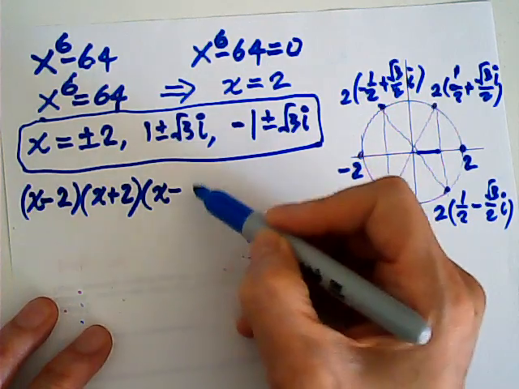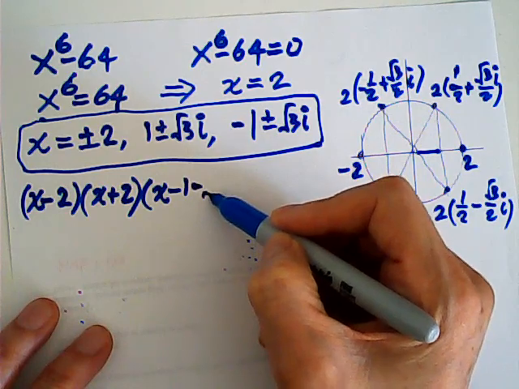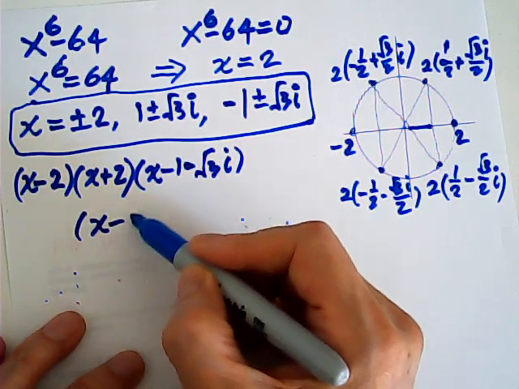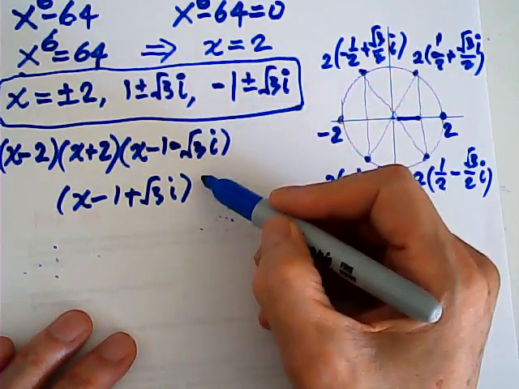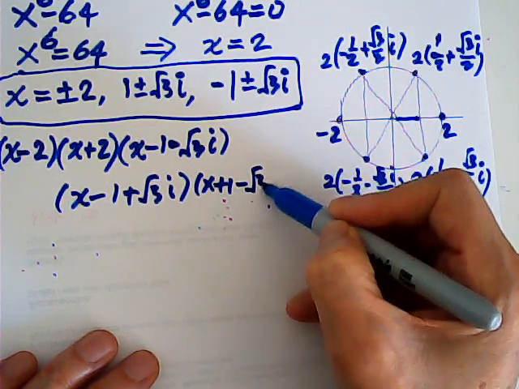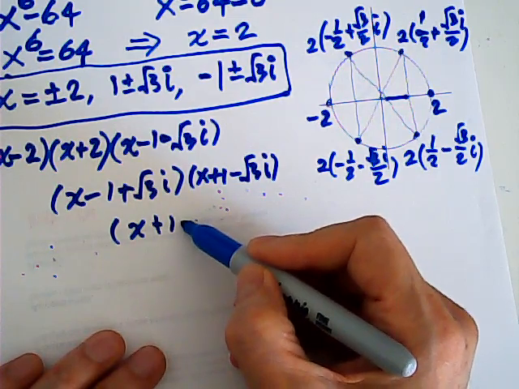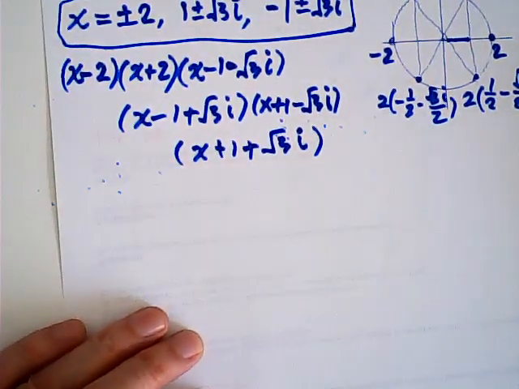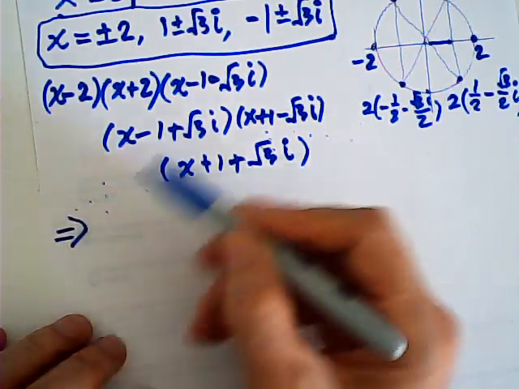And x minus 1 minus root 3 i, and x minus 1 plus root 3 i, and these two roots, x plus 1 minus root 3 i, and x plus 1 plus root 3 i. So these are 6 factors. And then you simplify.